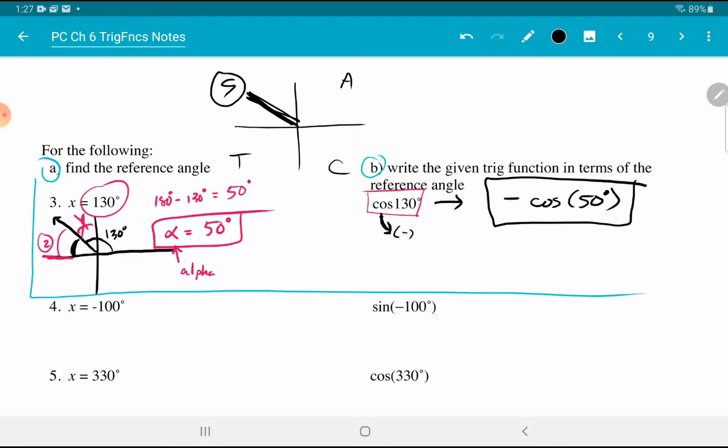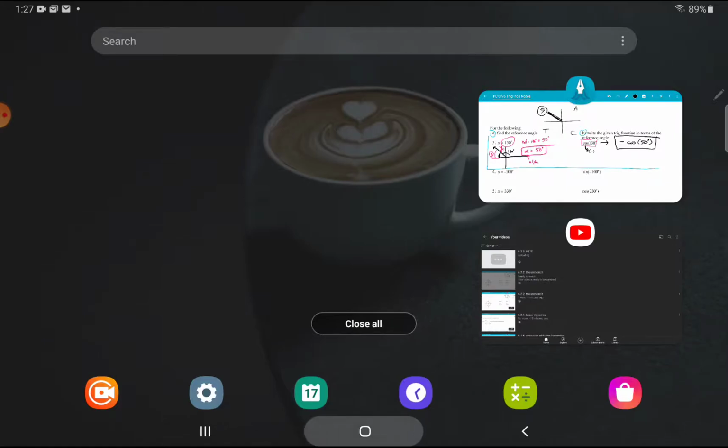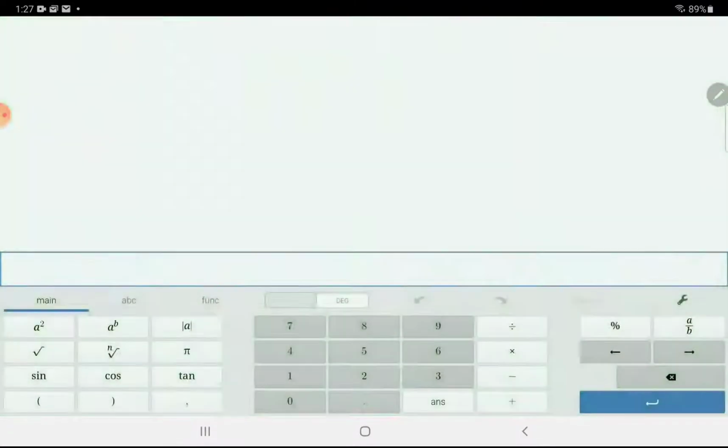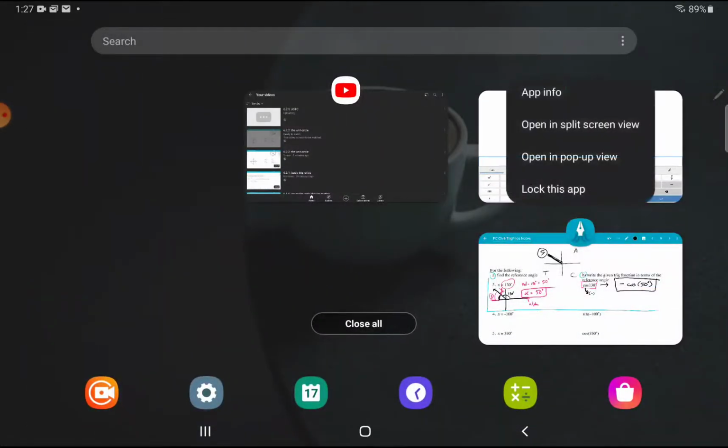And here I just wanted to show you on the calculator how this holds true. Okay, so I'm going to go ahead and open up my calculator and put these side by side.